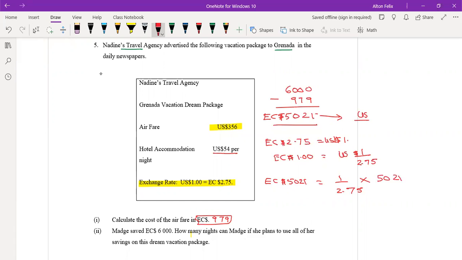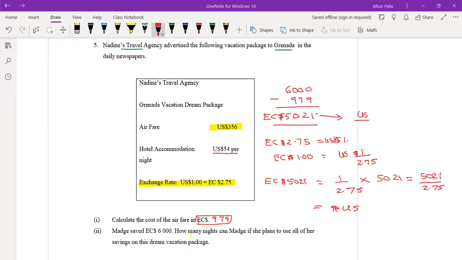This is really 5021 divided by 2.75, and this will give us the equivalent amount of US that she can spend on hotel accommodation. So again, let's turn to our calculator for help.